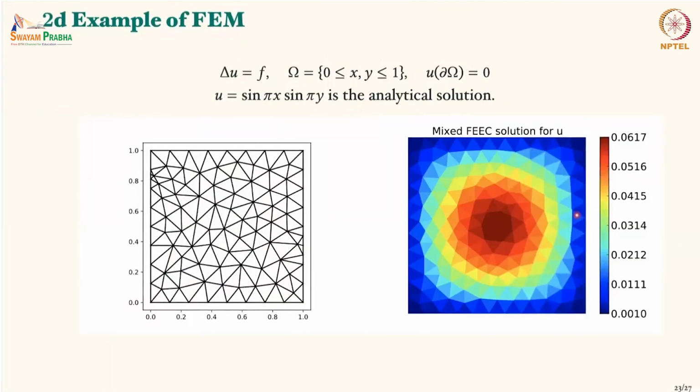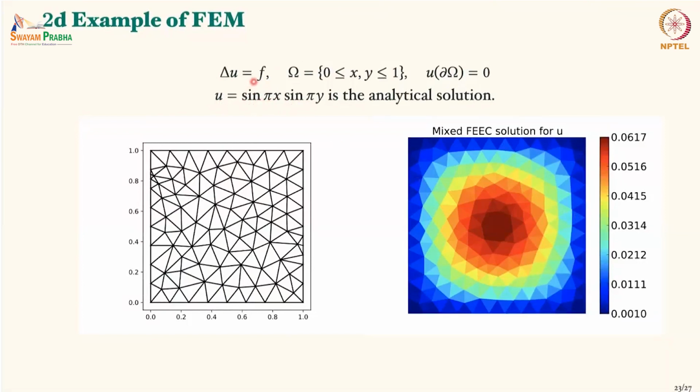Okay, and then here is a 2D example of this. And here there are a few things that I have to talk about. So my 2D problem is this right-hand side function. I have something which I can derive from this solution.